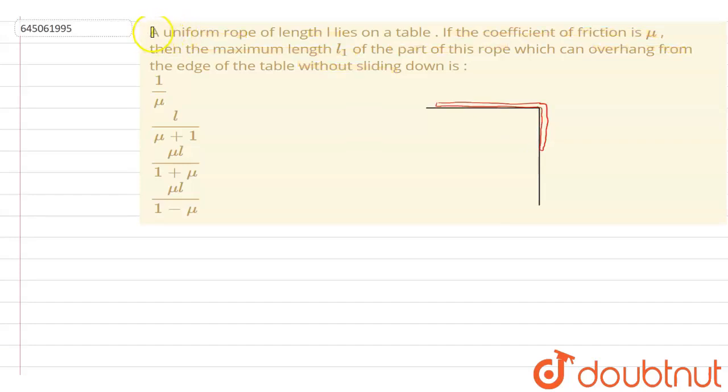Hi everyone, our question is: a uniform rope of length L lies on a table. If the coefficient of friction is mu, then the maximum length L1 of the part of this rope which can overhang from the table without sliding down is. So we have a rope on a table, such that a part of the rope is lying on the table and the length L1 of this rope is hanging from the table.